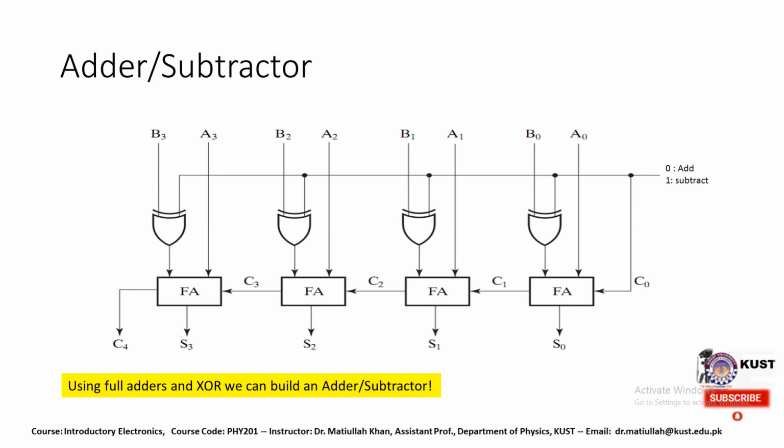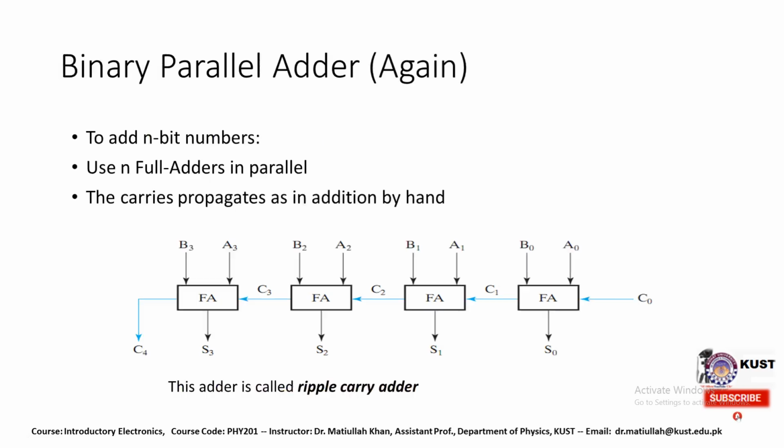If you look toward the different arrow bars for all these C and S values, this is actually the output, and these are all the inputs. From that we can have types of adders or subtractors, which can be done with the help of different digital parts of the circuit. So we have binary parallel adders, which are also discussed, and that is the combination of different adders, and that leads to the ripple carry adders. That is important for us.